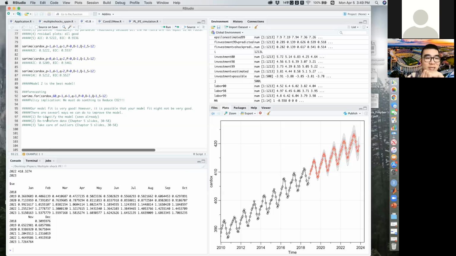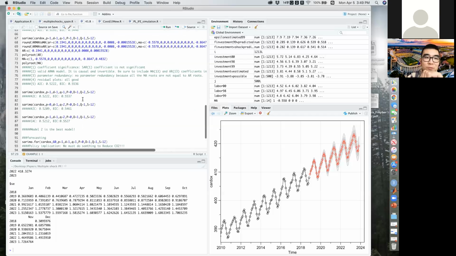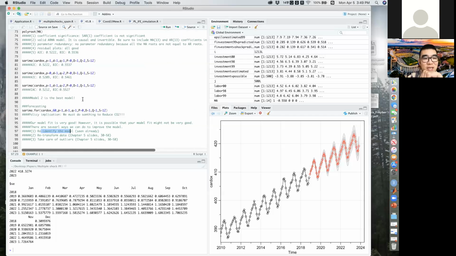We discussed that we can re-identify the model. So to re-identify the model, what we do is that we just look at the ACF plot and the PACF plot and see if there's any other models that can match the ACF and the PACF plot. Okay, so that's what we've seen already. And another way is that you can actually retransform the data.